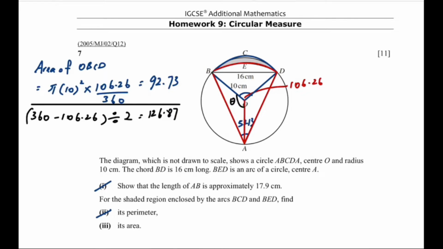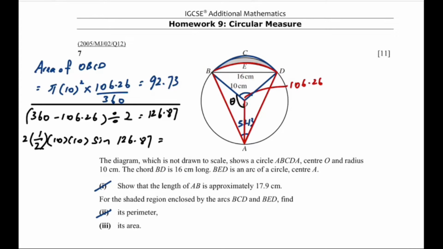Theta is 126.87. Why? Because I want to apply the 1 over 2 AB sine C for the triangle. AB is also 10, 10, right? 10, 10 radius. So AB sine C, the included angle. And since there are two of them, I times 2.